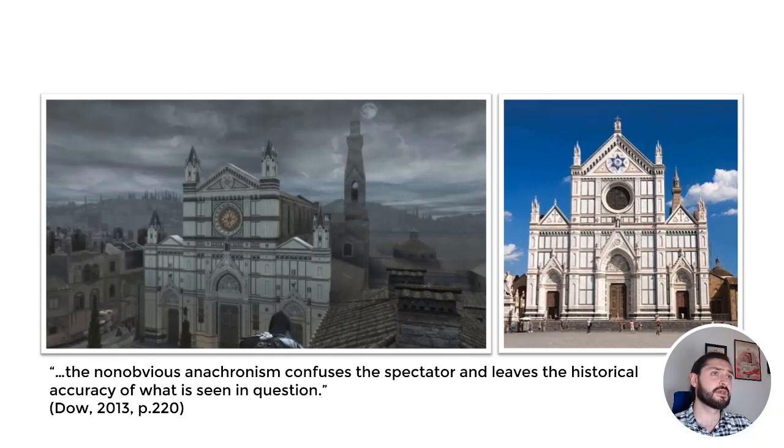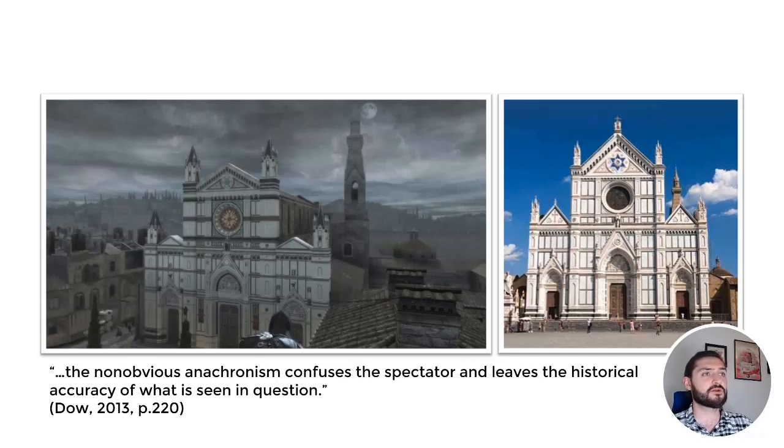The image on the left depicts the Santa Croce as it appears in Assassin's Creed 2, and on the right as it appears in real life today. However, whilst some would think that this is an accurate representation of the building, the modern facade was actually constructed in 1863, roughly 400 years after the events in the game take place.